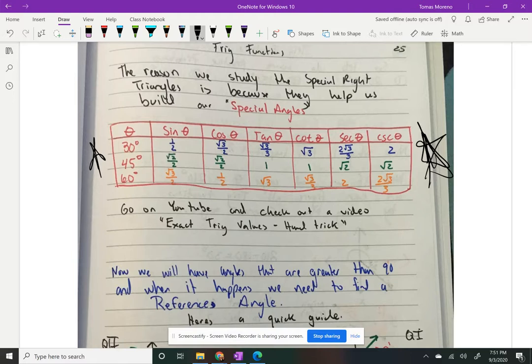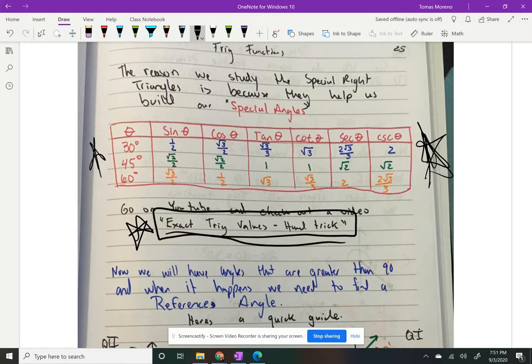Now, there's actually a trick on this. You could do it off of the hand. I really wish I could have done this class live so I could show you the little hand trick, but I can't because I have a training to do. I know you're on YouTube right now, but go to another YouTube video and search for exact trig values hand trick.